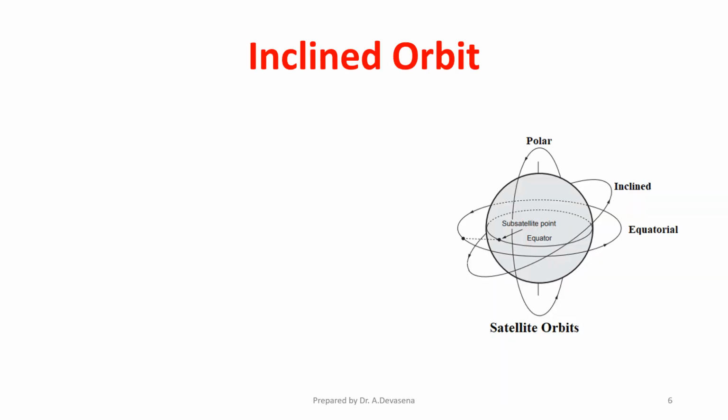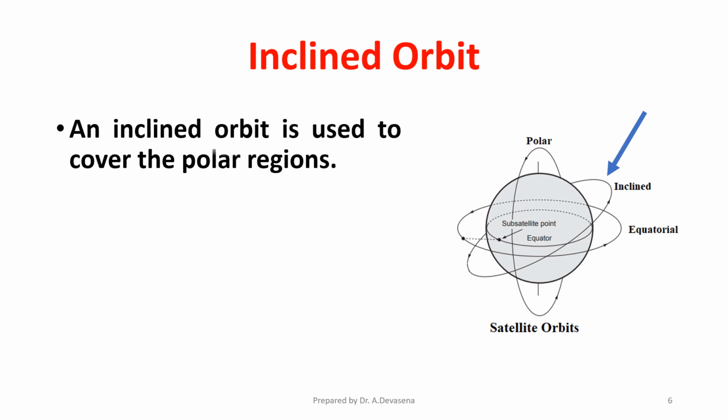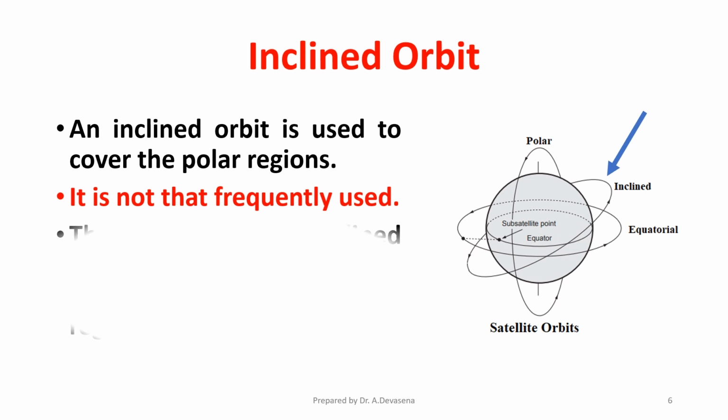Inclined orbit. An inclined orbit is used to cover the polar regions. Here is the inclined orbit. It is not that frequently used. The height of the inclined orbit is set such that it covers the required area of the region of interest.